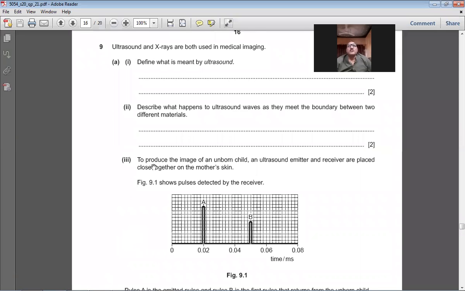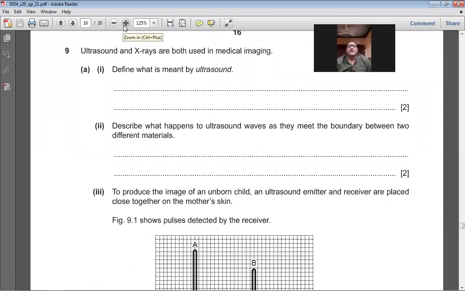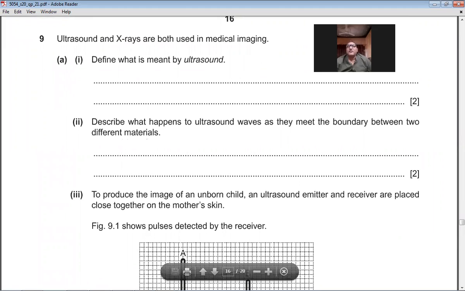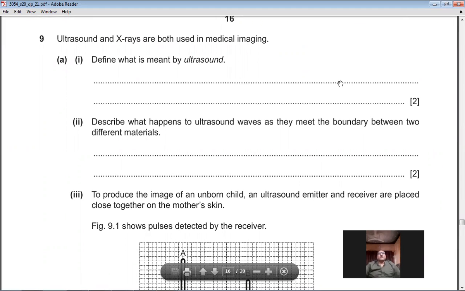Okay, the next question is, let me increase the size. So the next question is, define what is meant by ultrasound. You see, ultrasounds are longitudinal waves.